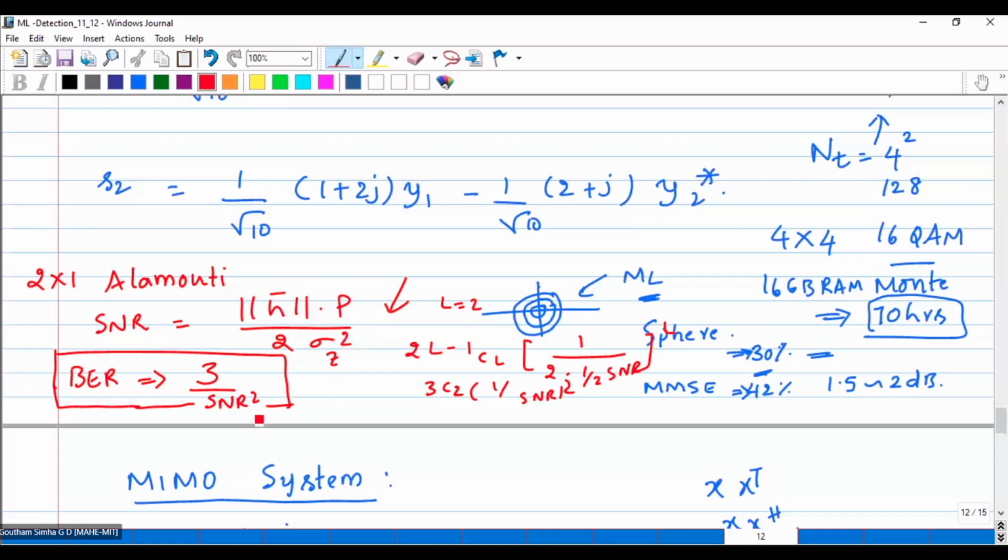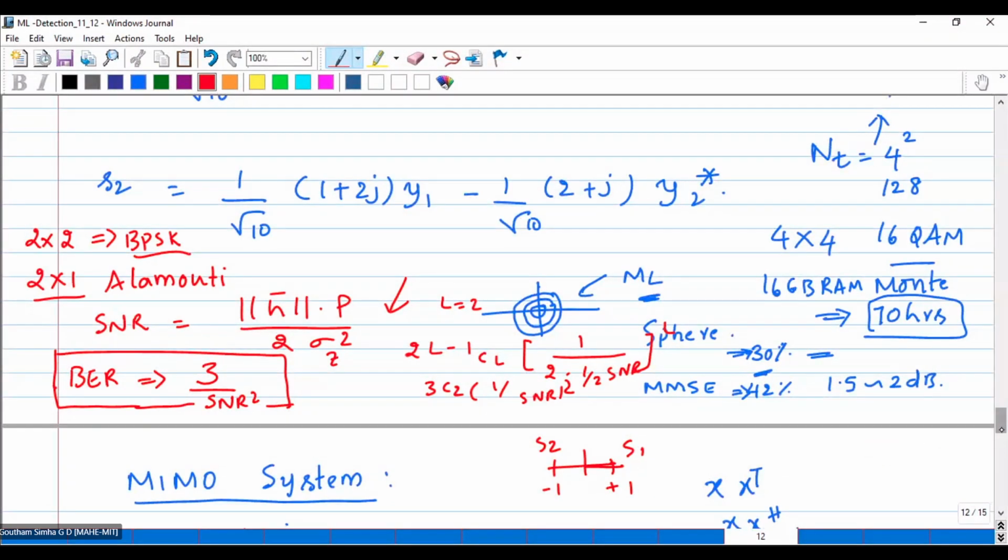If you have something like 3 by SNR square for a 2 cross 1 Alamouti, you straight away, without any hesitation, consider BPSK, as simple as that, because only two symbols are there, no? S1 and S2. If you write BPSK, it will be 0 or 1, or minus 1 or plus 1, or whatever symbol. This is S1 and S2 complemented with 180 phase shift. So generally BPSK you can consider for a 2 cross 2 system.